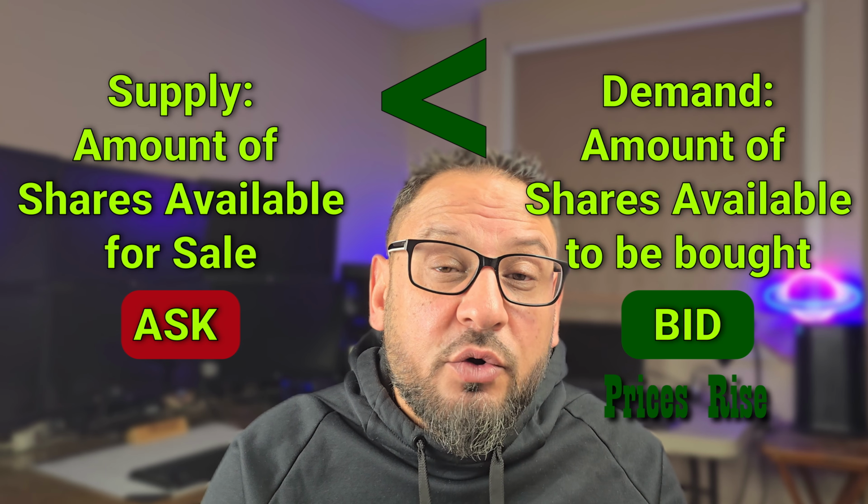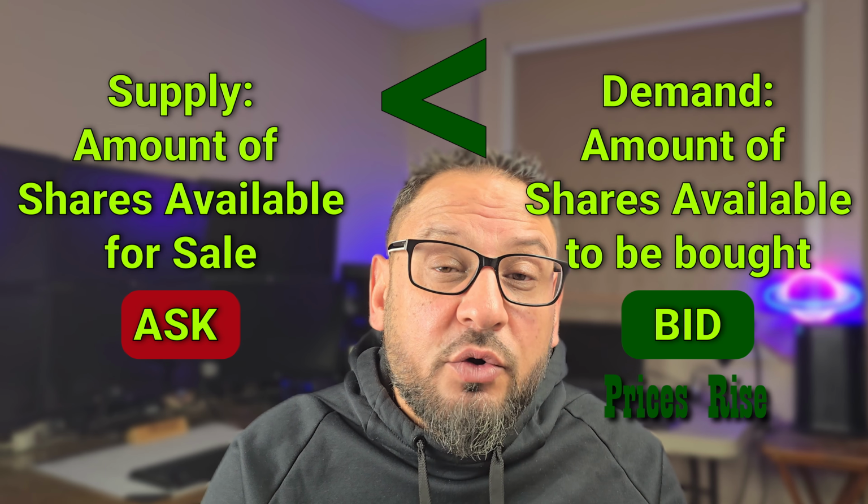In that same case, if the amount of shares that are willing to be sold is 4,000 shares, so there's 1,000 shares that want to buy, and there's 4,000 shares available, then the 1,000 shares are bought at $10, there's 3,000 shares left. So let's say the other buyer is only willing to buy at $9.95, and some of the sellers are getting fearful, so they really want to get rid of their shares.